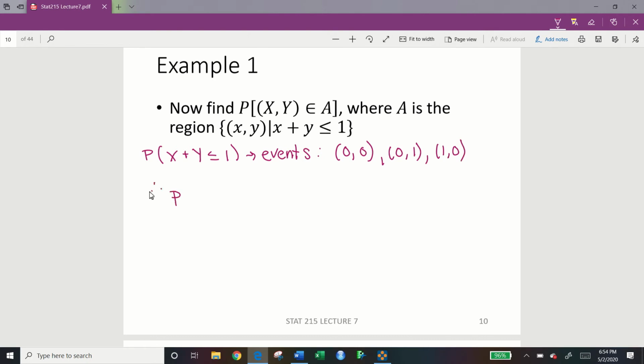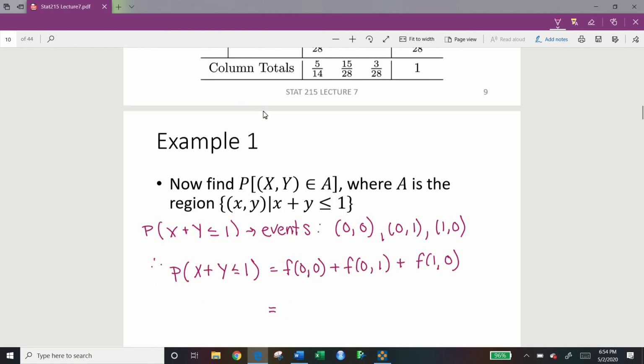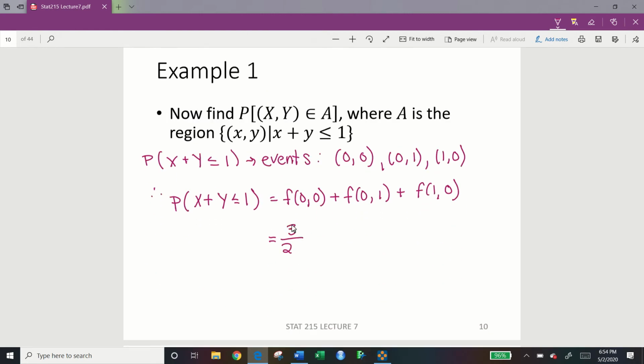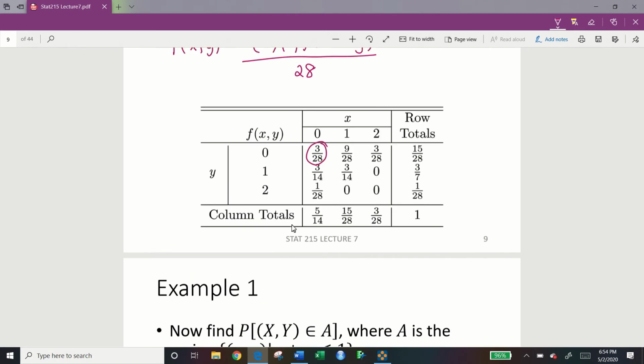Therefore, our probability of x plus y being less than or equal to 1 is going to be f of (0, 0) plus f of (0, 1) plus f of (1, 0). We can use our chart to find these probabilities. So f of (0, 0) is going to be 3/28ths. f of (0, 1) is 3/14ths.